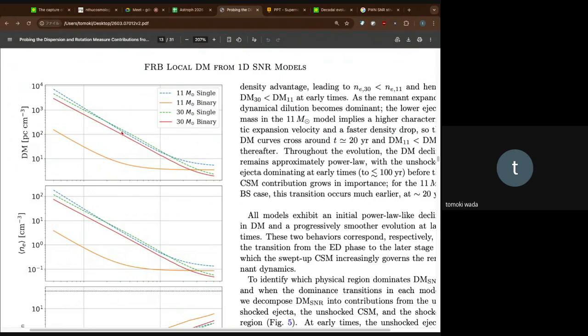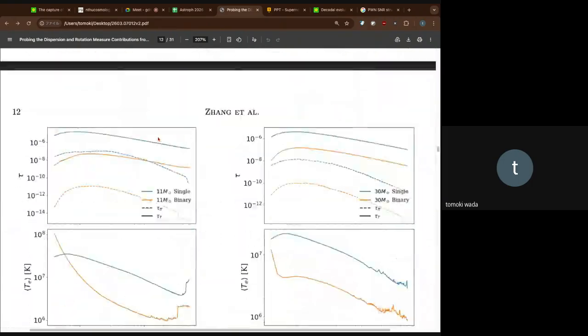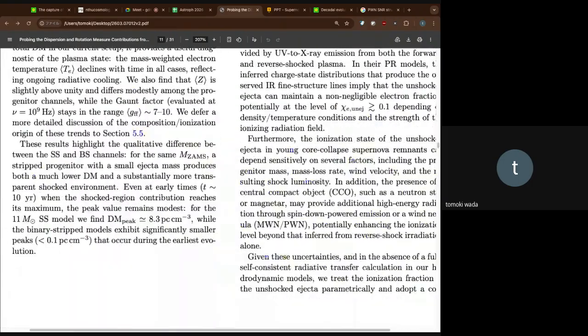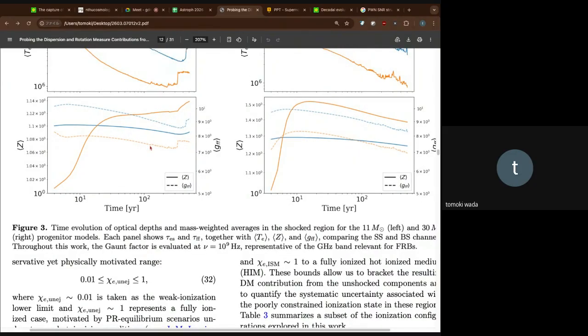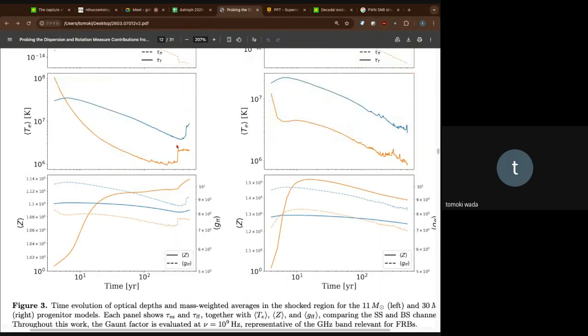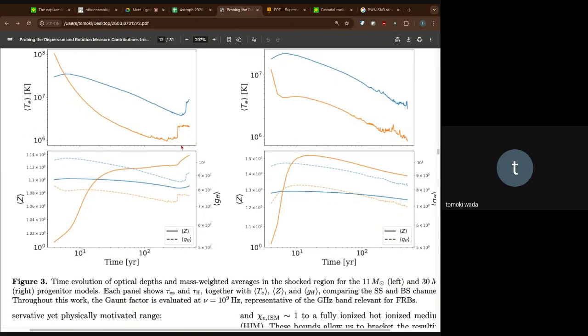I would say this is the only new part. No, not this point, but they check the ionization effect, the ionization fraction. This is an important point. I think ionization was also treated numerically in the former previous work using Cloudy, with analytic modeling and a numerical value of ionization.